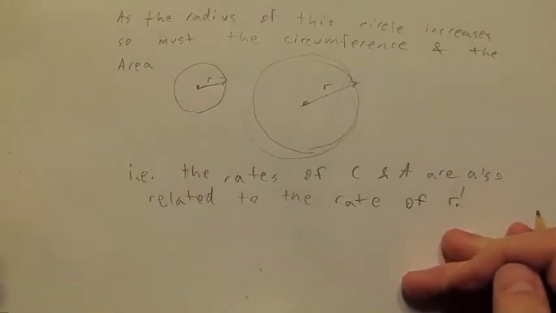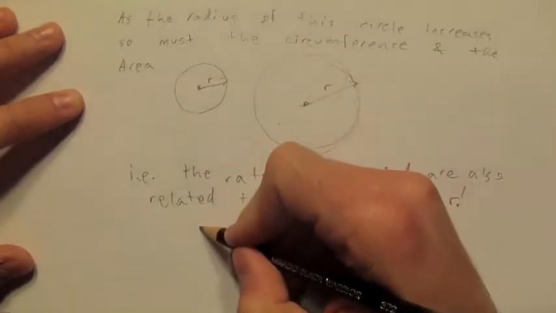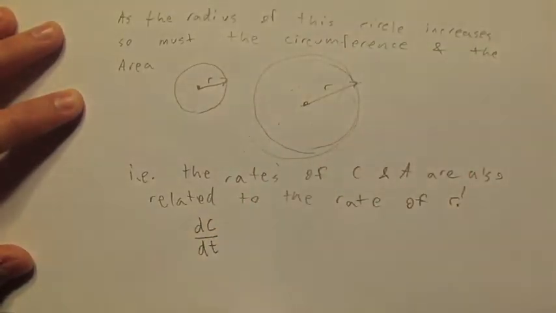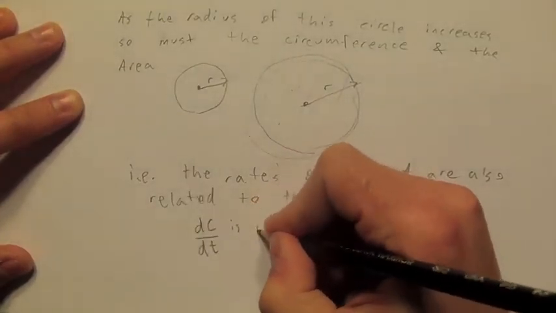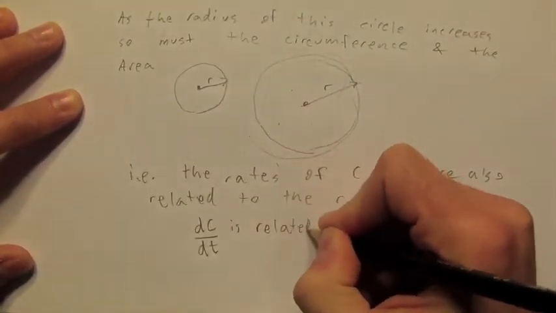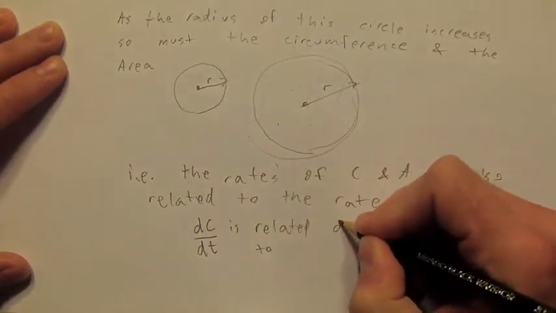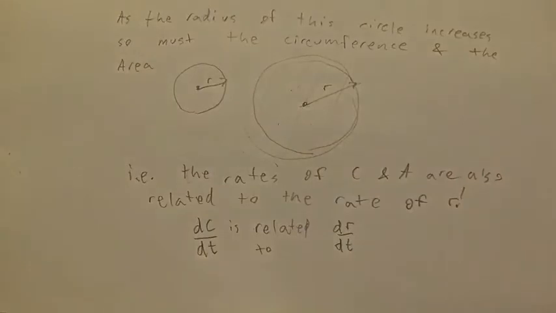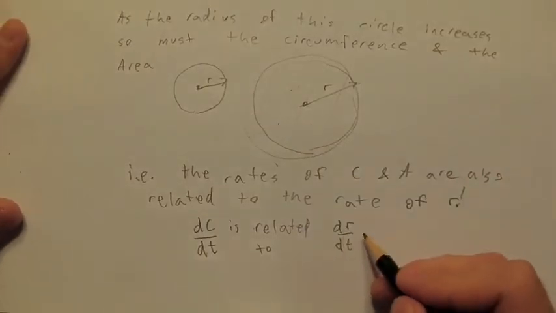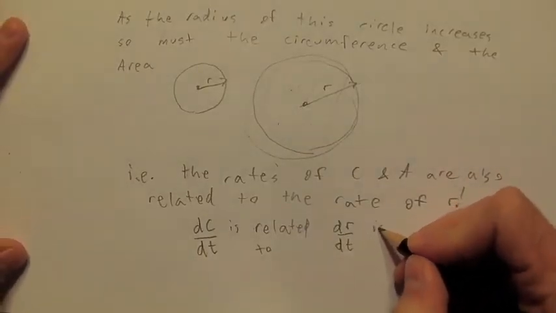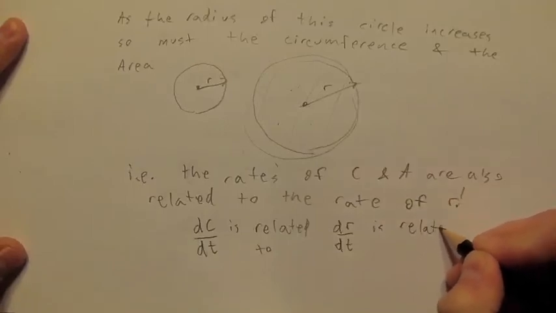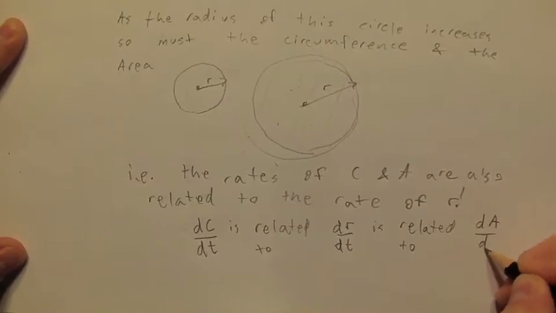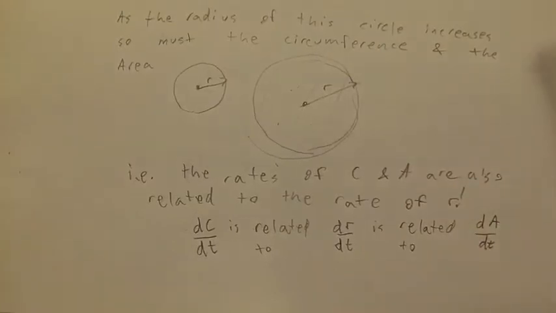Essentially what that means is that the derivative with respect to t of the circumference is related to the rate of r, which is dr/dt, the derivative of the radius with respect to t. And the derivative of the radius with respect to t is related to the derivative of the area with respect to t. They're all related to one another.